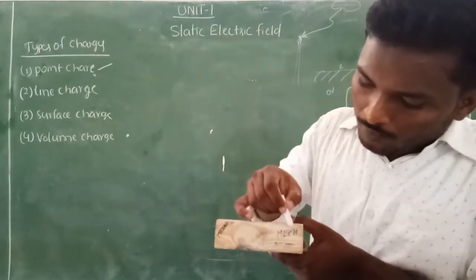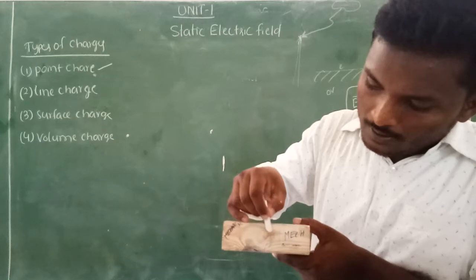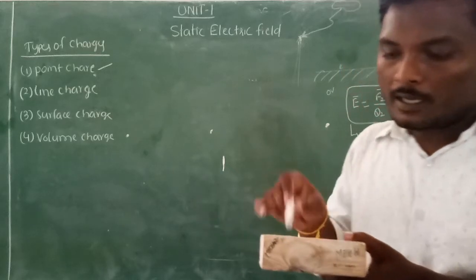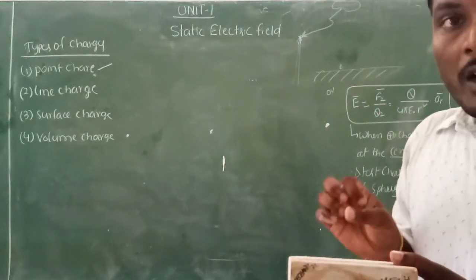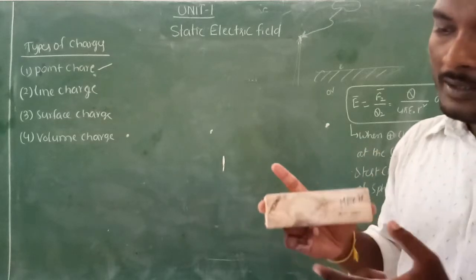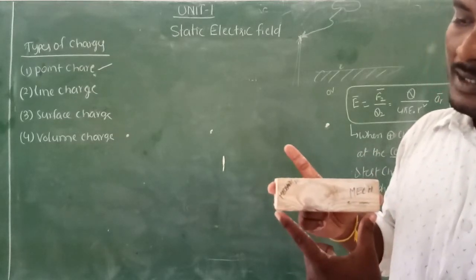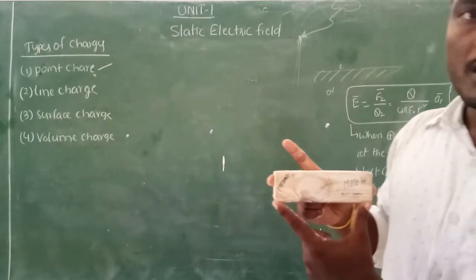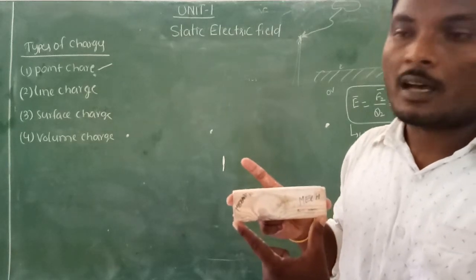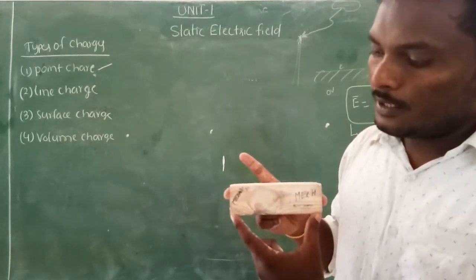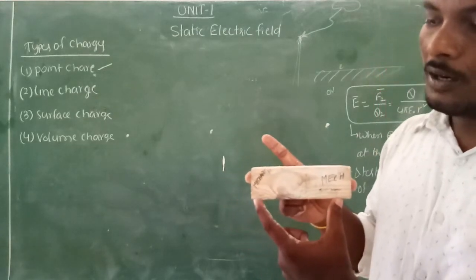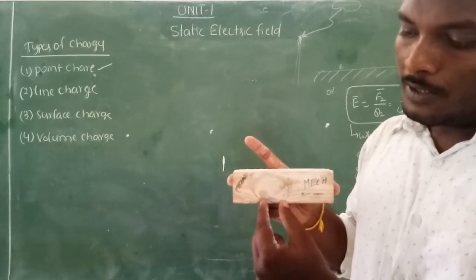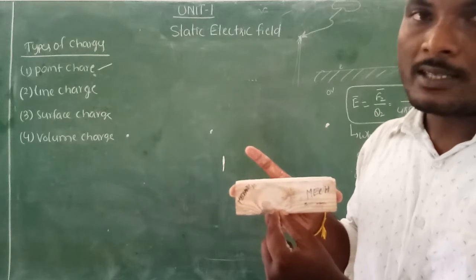Suppose on this surface your charges are uniformly distributed like this, and it has a dimension. The point charge will be defined like this: if the surface carrying the charges is dimensionless, that means the surface does not have dimensions, then the surface will look like this.